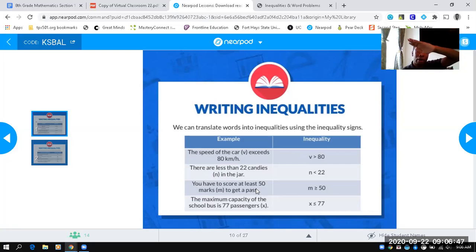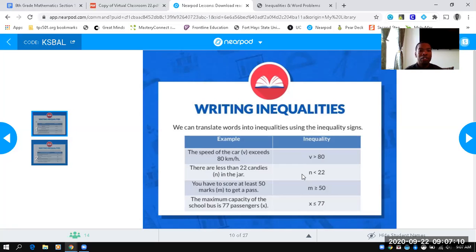The bottom number is 50. So M is greater than or equal to 50. And then the next part says the maximum capacity of the school bus is 77 passengers. So X is less than or equal to 77.